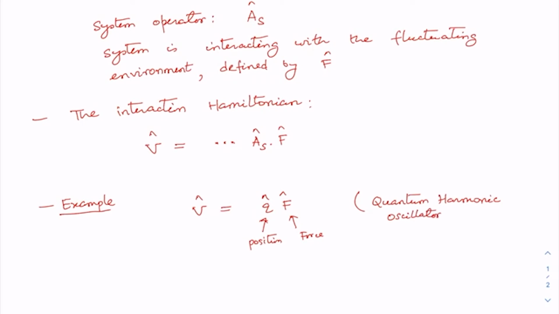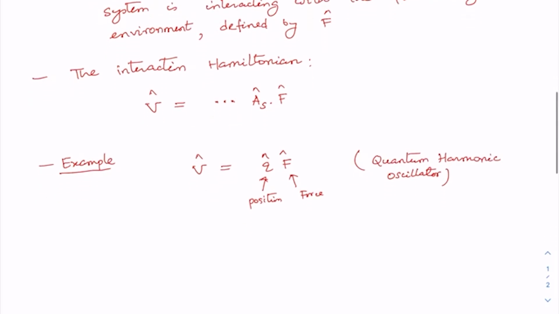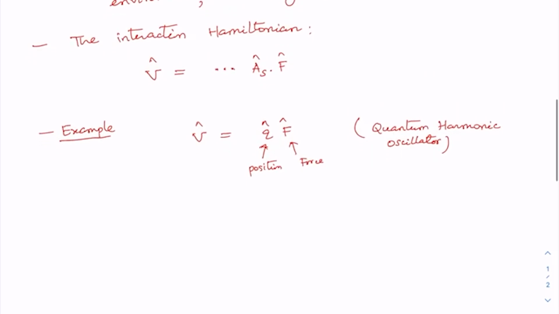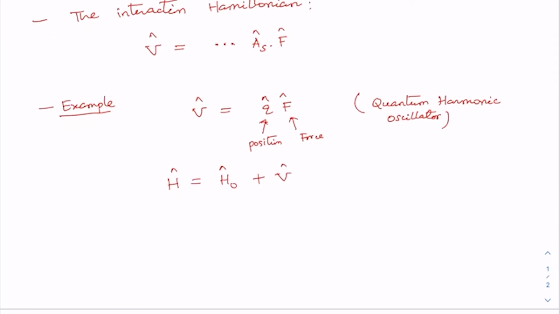Alright, so the full Hamiltonian for the harmonic oscillator and the bath in this case would be H is equal to H0, the bare Hamiltonian. That means when the harmonic oscillator is not interacting with the environment, and this is the interaction part of the Hamiltonian. And here H0 would be h cross omega a dagger a.